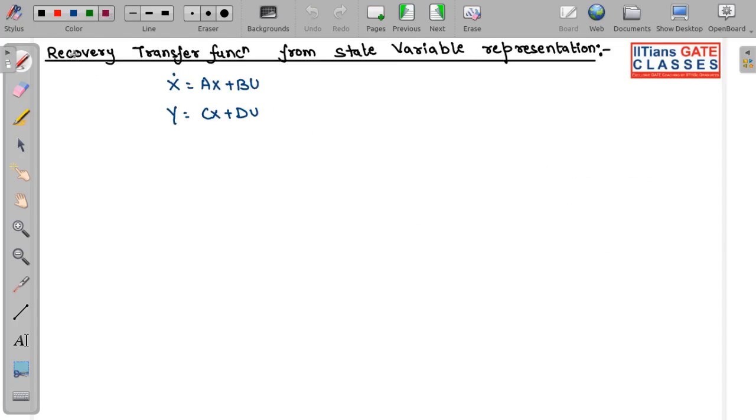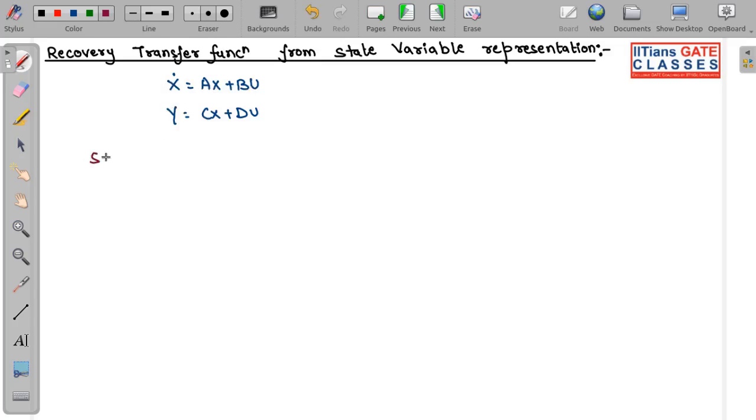The next thing we have is how to recover a transfer function from a state variable representation. We have the state variable representation like this. These are time domain equations, so I have to take the Laplace transform.